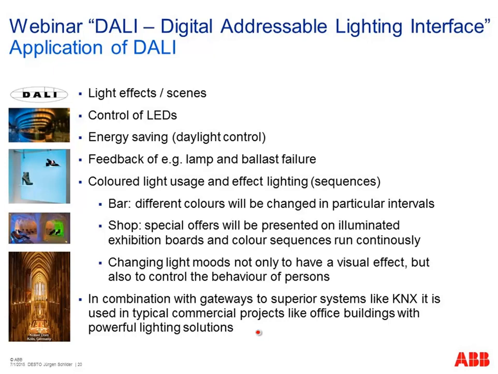DALI is preferred, but you integrate this DALI system into a superior building automation system, and in total you have a good solution, not only for lighting, but also for all the other functions in the building, and that is a big market already now. And of course it is our interest from ABB, as we have the KNX DALI Gateways, to integrate the very good DALI solution into our KNX world to complete the building automation.